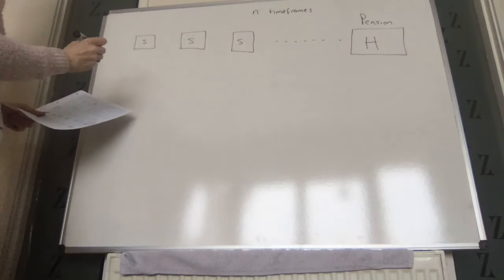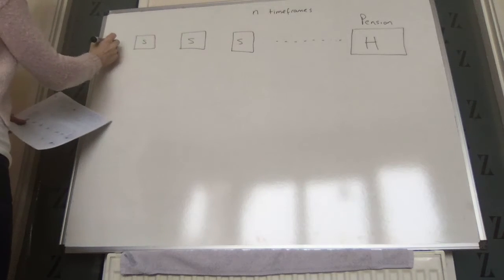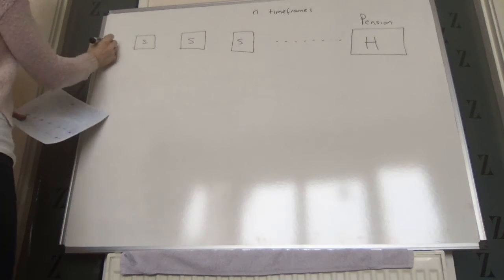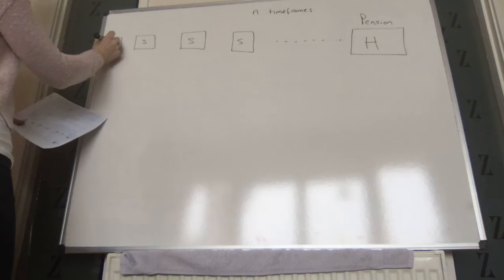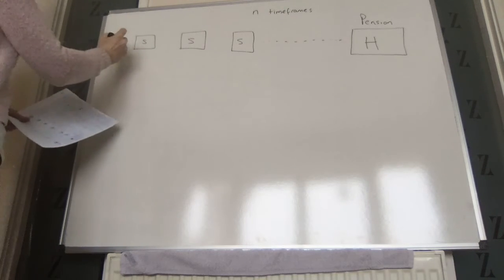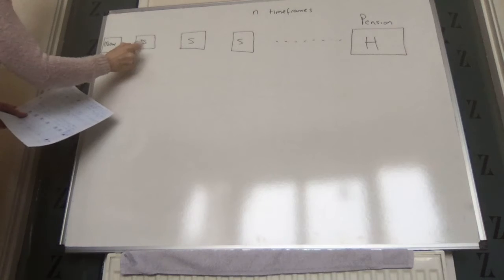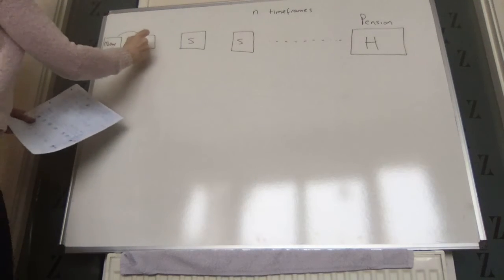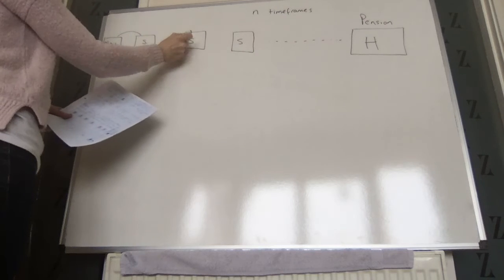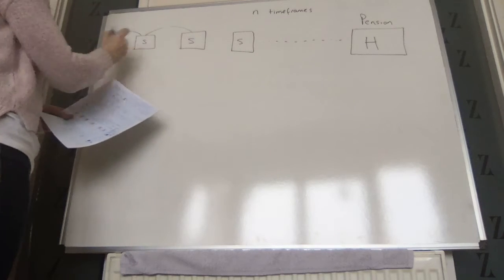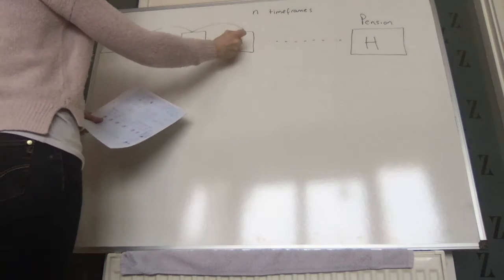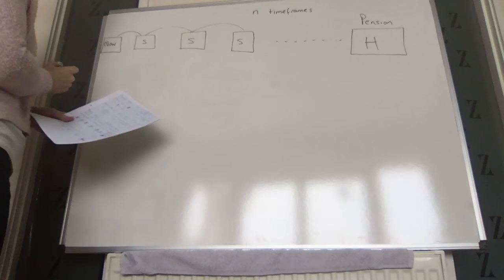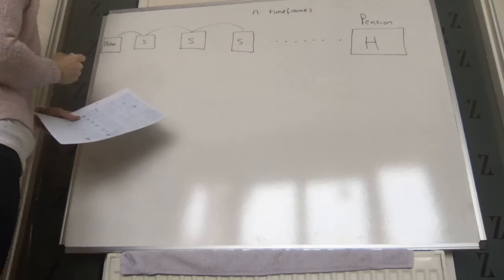If we assume that you start at this point here, this is now, this is your present, and you will put away S after one time frame. You will then put S again once that time frame has passed, and you will then put S in again. Okay, and you're going to do that for N time frames.